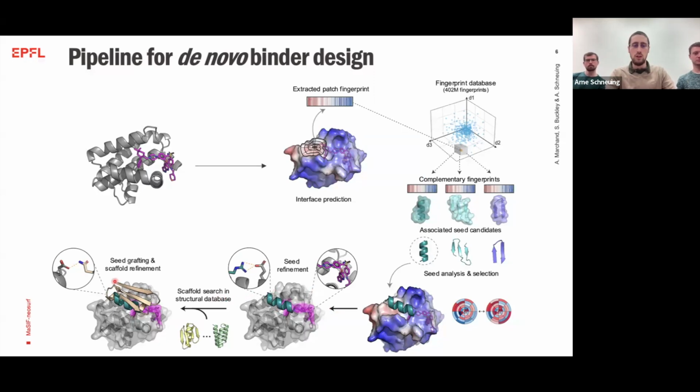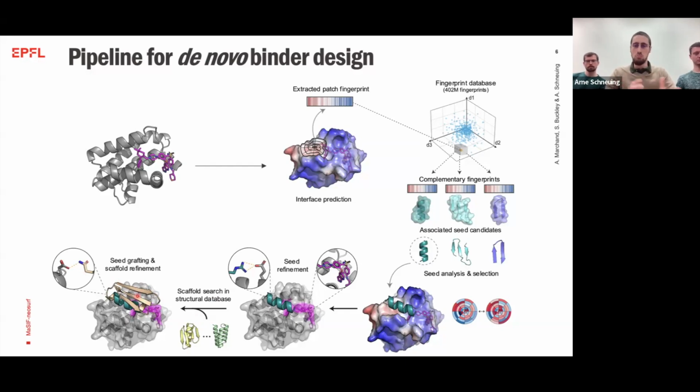And then this small motif is grafted on a scaffold protein from a database of de novo proteins that we have collected from different previous papers. There are some mini proteins from the Baker lab and some other proteins. And at the end, you have your de novo protein design of interest that you want to test.